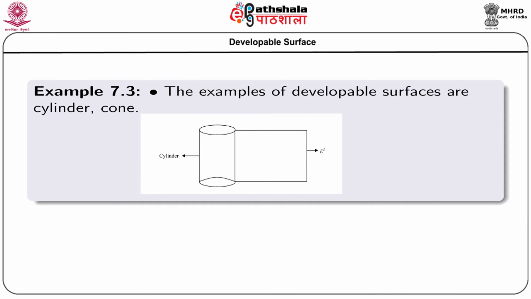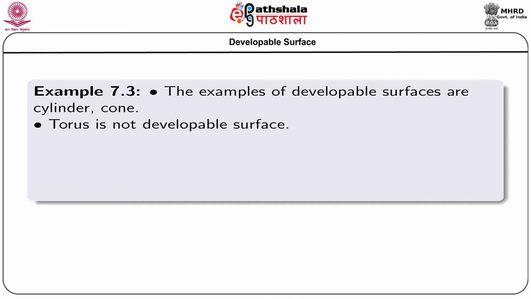For example, a cylinder and a cone are developable surfaces, because for a cylinder we can easily transform it into the Euclidean plane E2. For a cone also we can transform it into the Euclidean plane E2 by giving some suitable transformation. But the torus is not a developable surface.